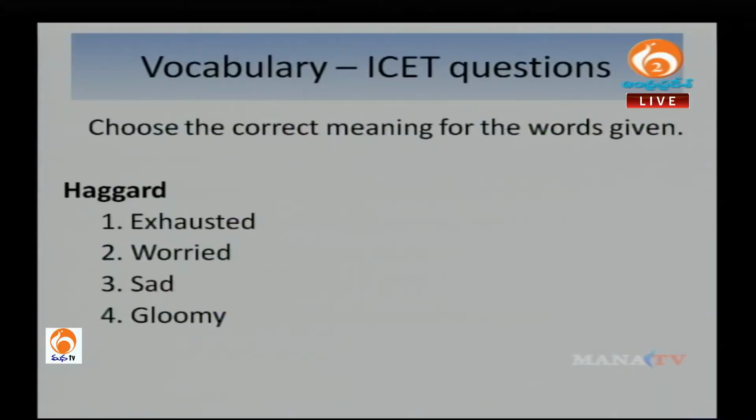Okay. So out of these options over here, please check in your dictionary and get an idea of what could be the possible answer over here. I'm sure you could do that right now. So the answer is exhausted. Yes, the word haggard means exhausted.